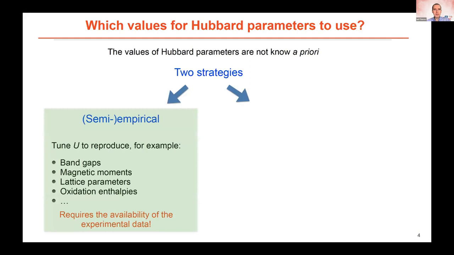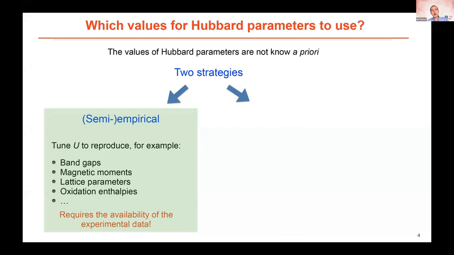The first strategy, historically used first and one of the most used in the community, is the semi-empirical determination of Hubbard parameters. We tune the Hubbard U parameter such that we reproduce some properties of interest, such as band gaps, magnetic moments, lattice parameters, oxidation enthalpies, and you name it.